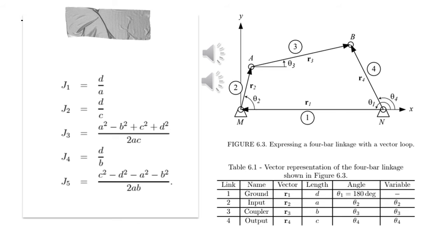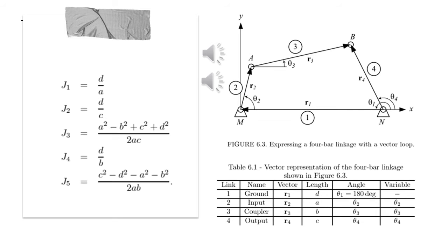Now in this part we make more explicit how direction affects the mechanisms, and we have another equivalence, where G1 means D divided by A, and G2 is D divided by C.